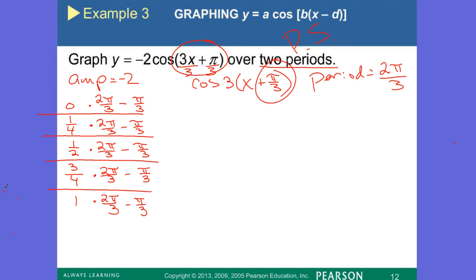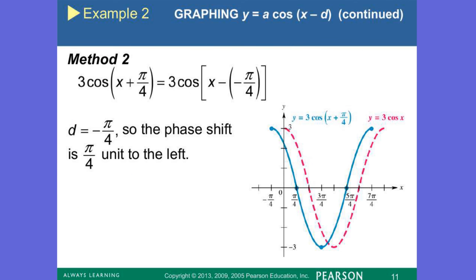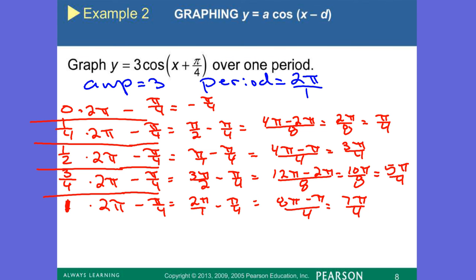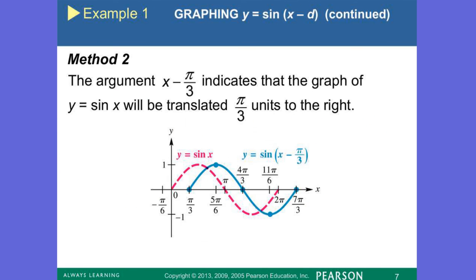Make sense? Yes. How come yesterday in the other lesson, it was like minus and then the other? Okay, let's go back to example 1 and I'll show you. So this one is minus pi over 4, right?